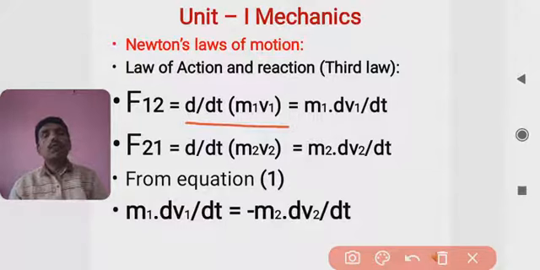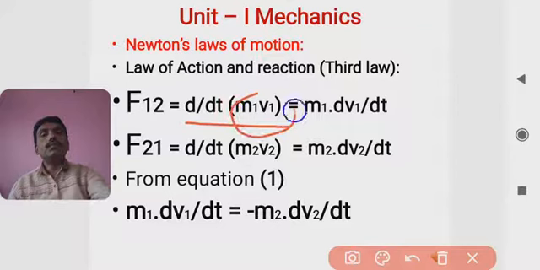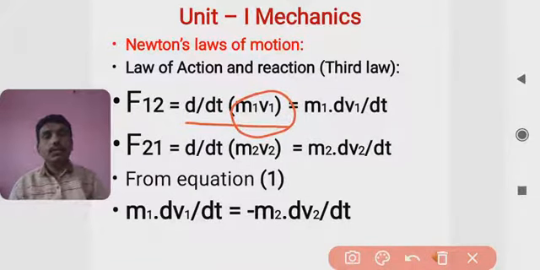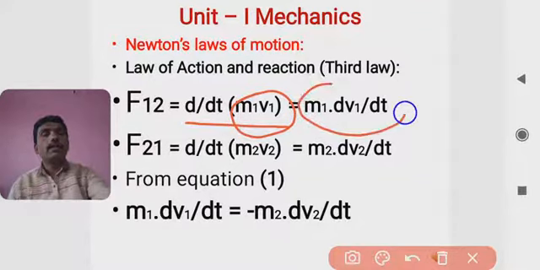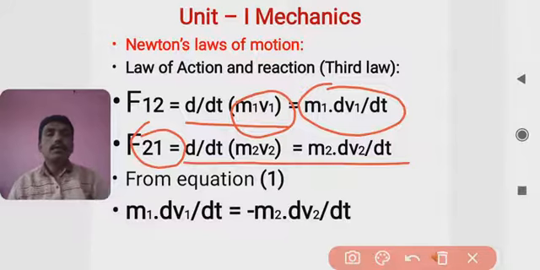So f12 is nothing but d/dt of m1 v1, and mass is not going to be changing, that's why it is constant, and m1 dv1/dt we can write in the same way. Second body लापन f21 I can write in the same fashion, that is f21 is equal to m2 dv2/dt.